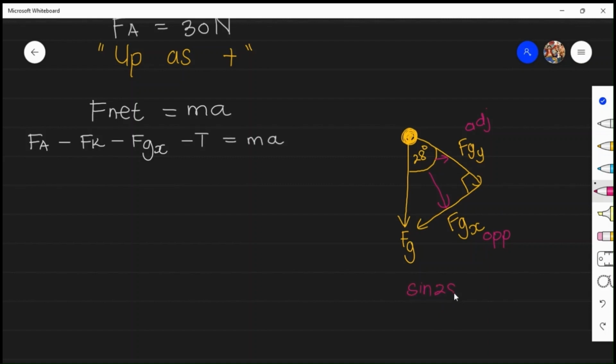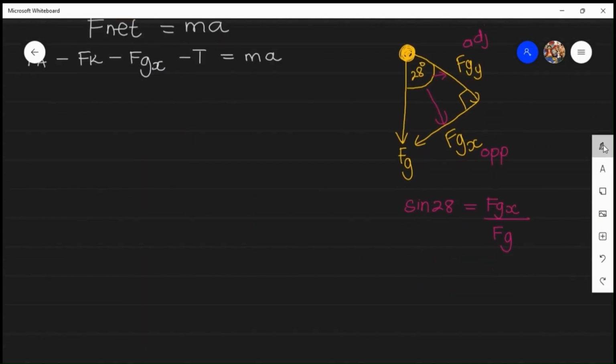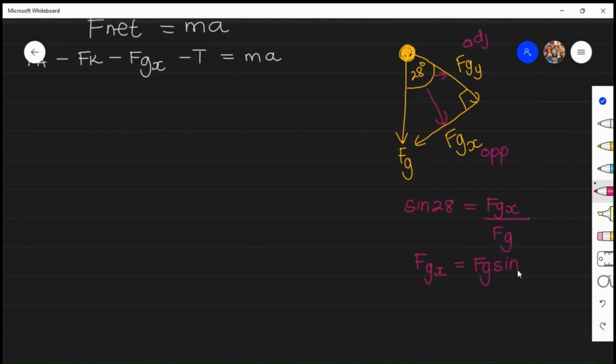So sine of 28 degrees is equal to opposite, which is Fgx, over my hypotenuse, which is Fg. Now we can simplify that to solve for Fgx by cross multiplying, and we'll end up with Fgx equals Fg sine 28.